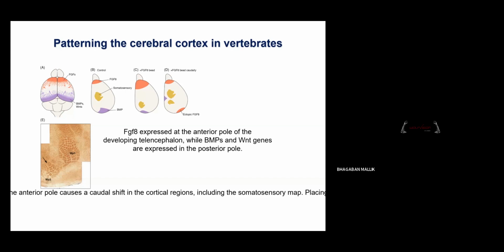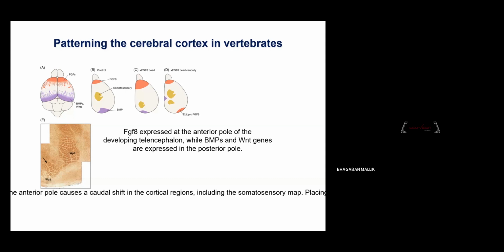But when you upregulate one kind of signal, suppose you put FGF-containing beads in the anterior part, you have more specification of the anterior cortex region, and the somatosensory cortex, which is in the middle portion, moves to the posterior region.